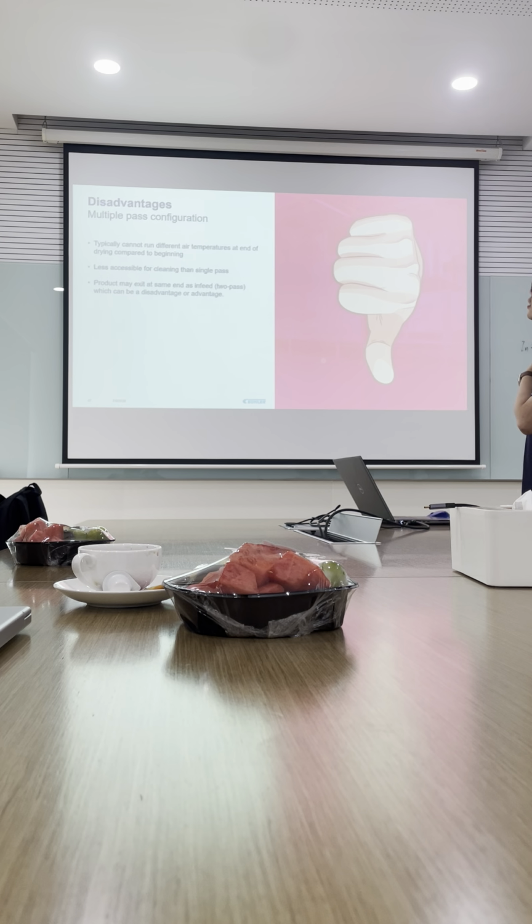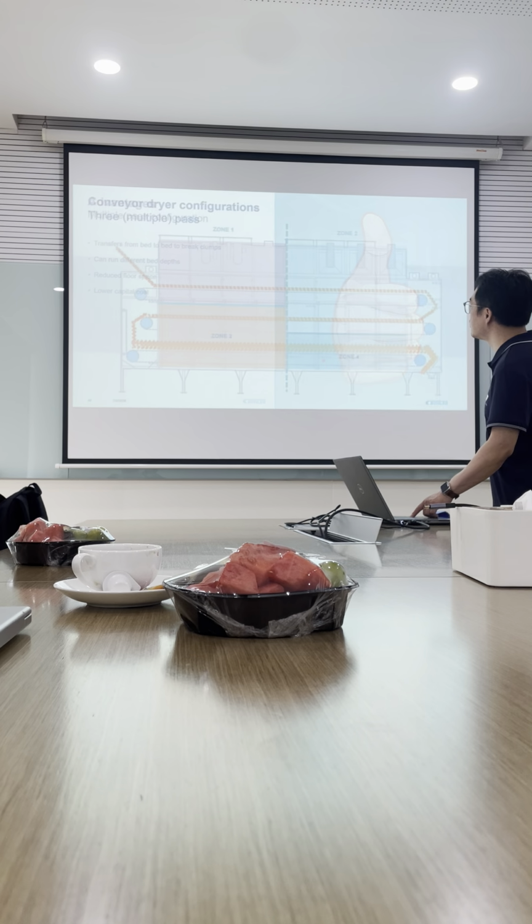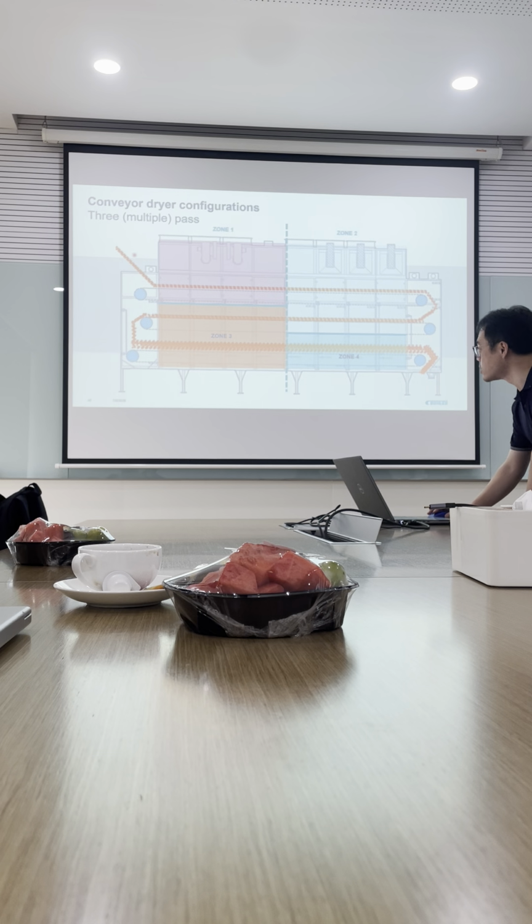This is for two pass. And next, it is accessible for cleaning, like the single pass. And the product may exit at the same end or at the other end. Two pass has the feed end and discharge end at the same side, and the three pass are on different sides. And going back to the three pass, this is the feed end from the side, and this is the discharge.